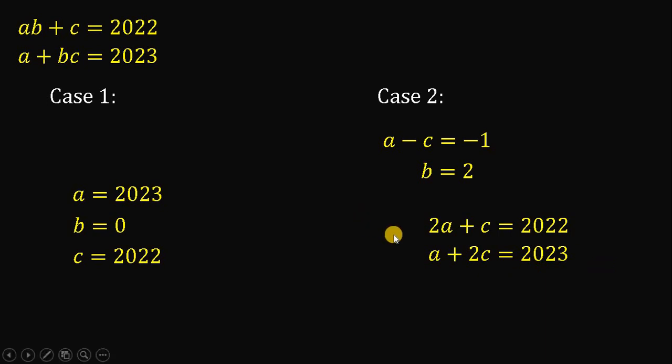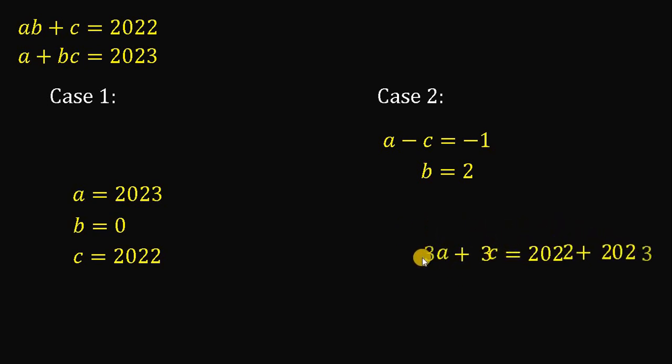And now the question is, using these two equations, do we get an integer value for A and C? Now let's check. First thing is to add these two equations. This will give us 3A plus 3C equals 2022 plus 2023. 2022 plus 2023 will give us 4045.